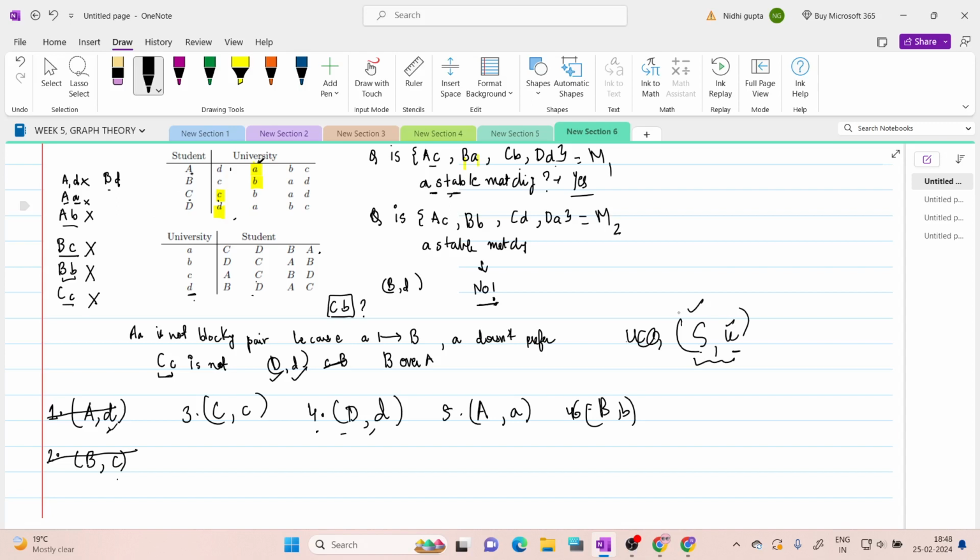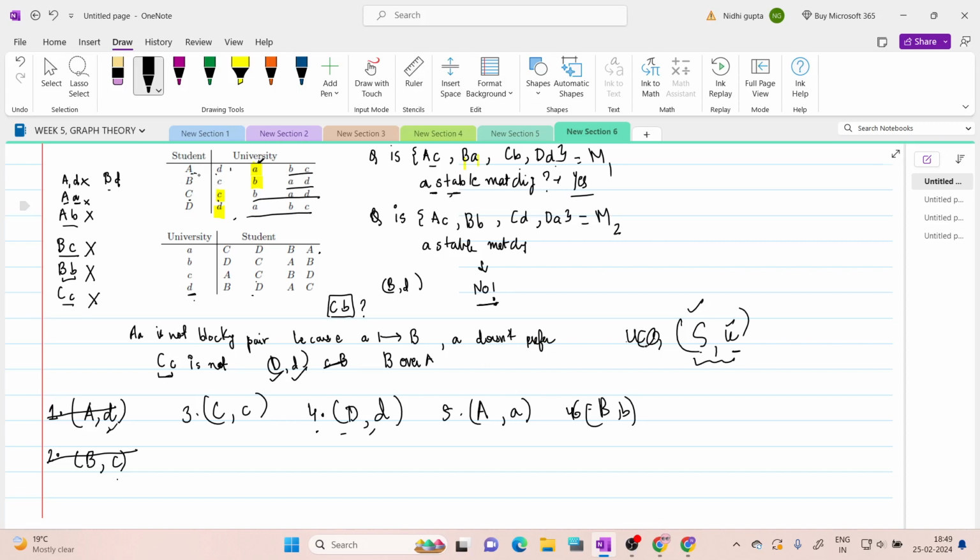But in this case, A little b, student A is not getting happier with this new choice, because he is already getting a university which he prefers over B. So any of these cannot be a blocking pair, because they are lower in the students' preferences than what they are being assigned. So only AD or BC can be a blocking pair.